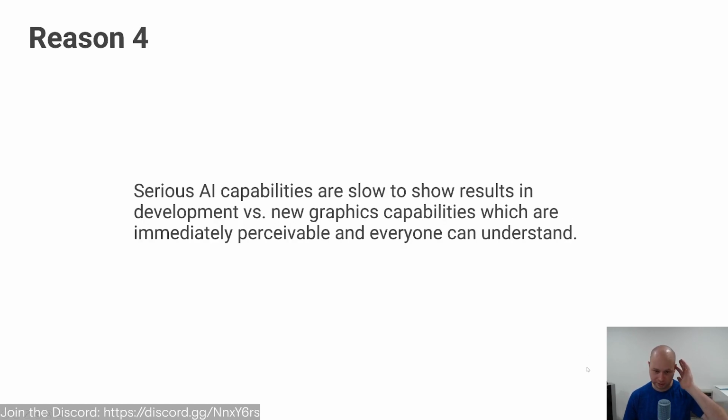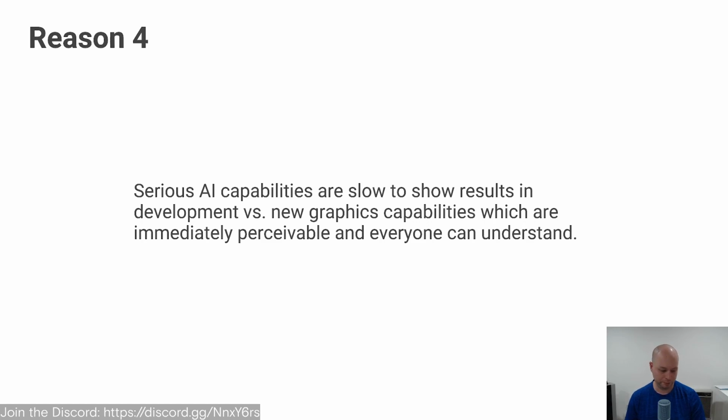This is kind of true, right? New capabilities don't really show results. How do you prove an AI is better than a previous AI, right? You can't really prove to me that this AI system is fundamentally better than the previous AI system. It's very difficult to do.